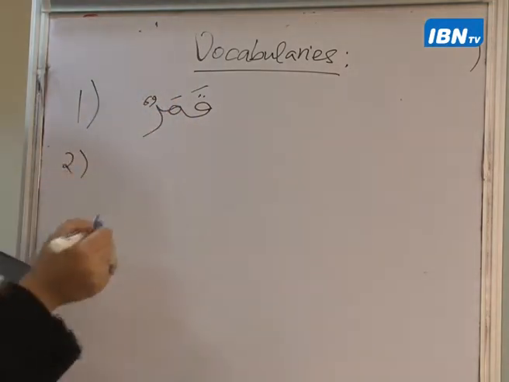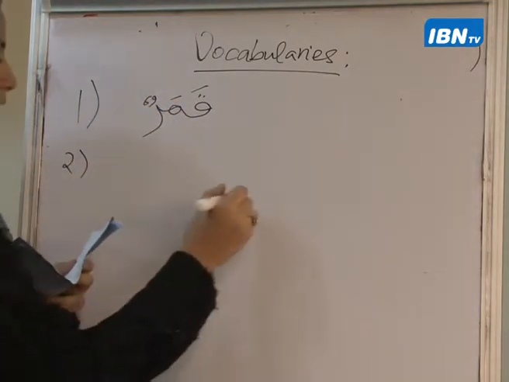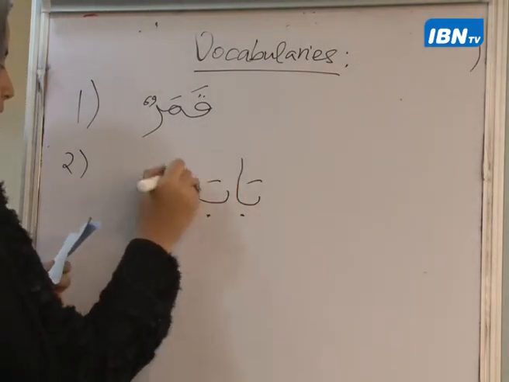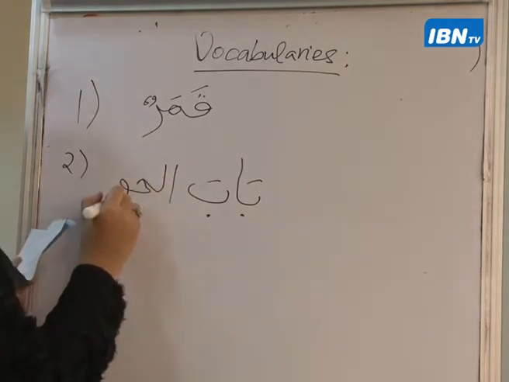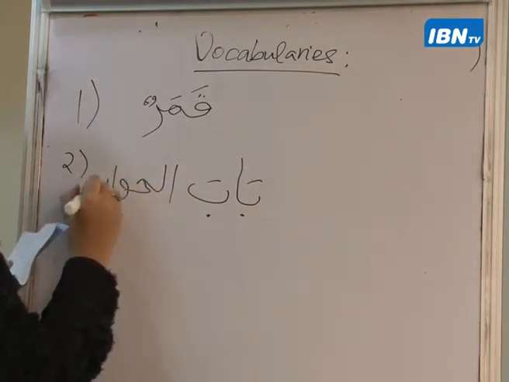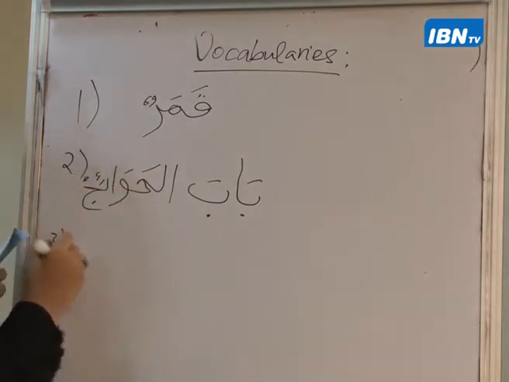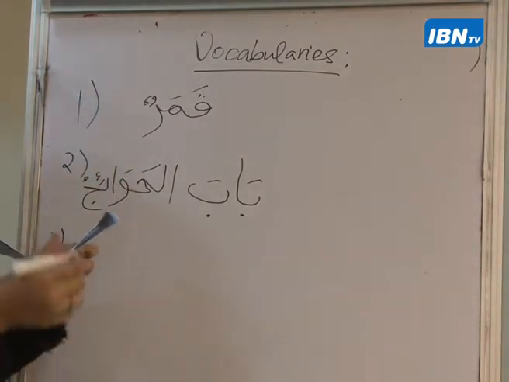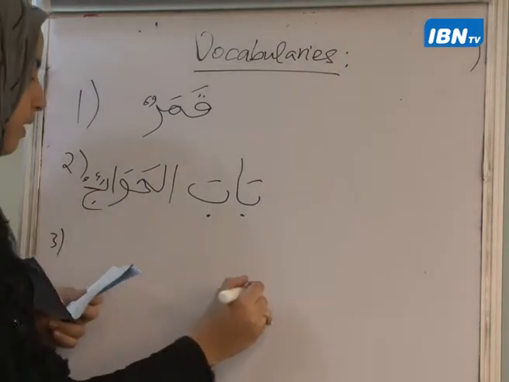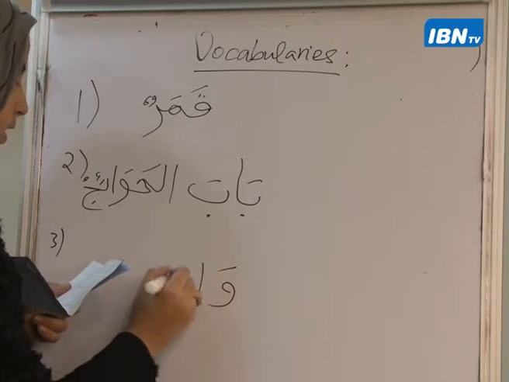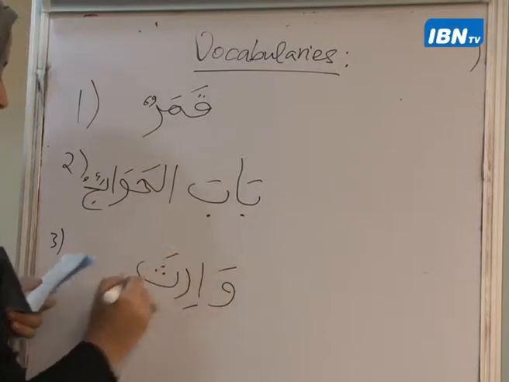Then we have Bab al-Hawa'ij. Remember in the poem there was the word Bab al. So we have Bab al-Hawaij. I will write down the Arabic, then I'll be giving you the translation. Then we have Warith. We have the word Waritha.